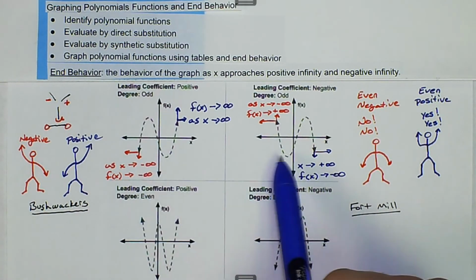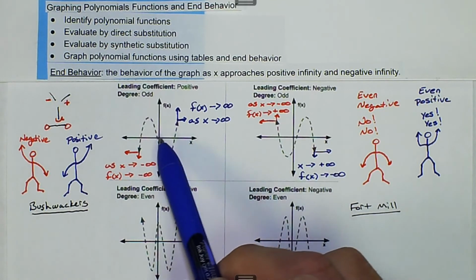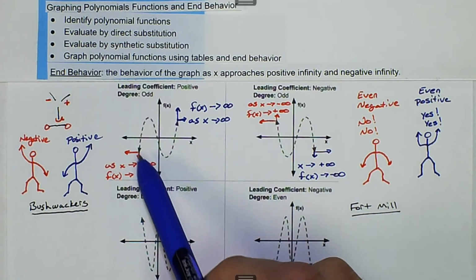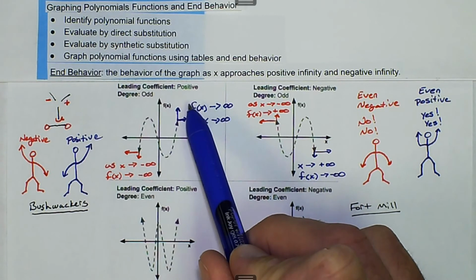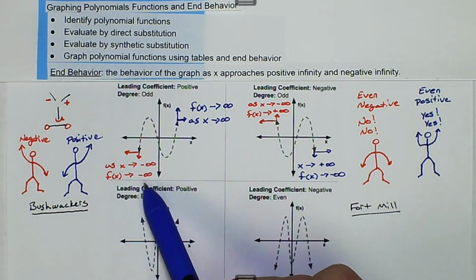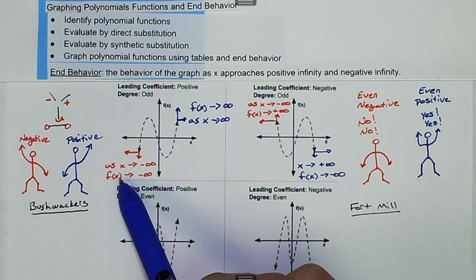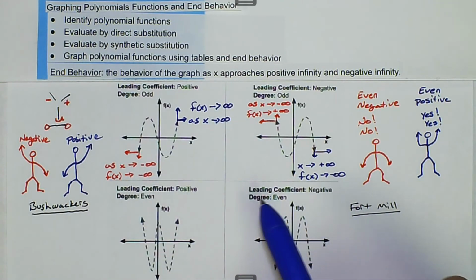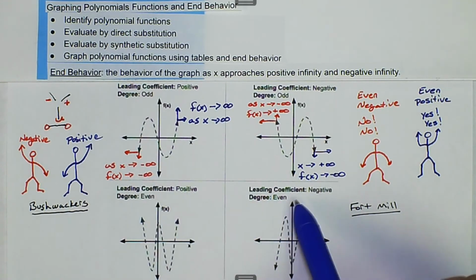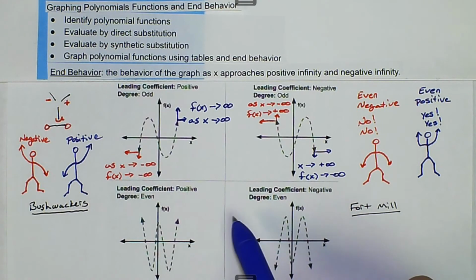So for odd functions, they're always going opposite. If one way goes to negative infinity, the other way goes to positive infinity, and it switches for what the function is doing. For the even functions, even degree, they always go the same way.